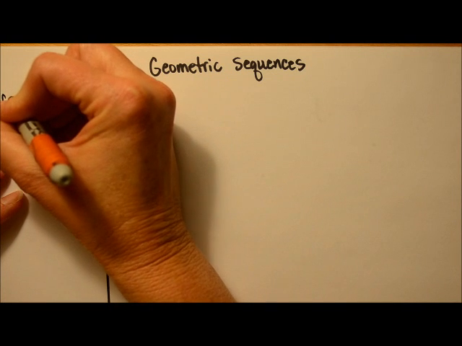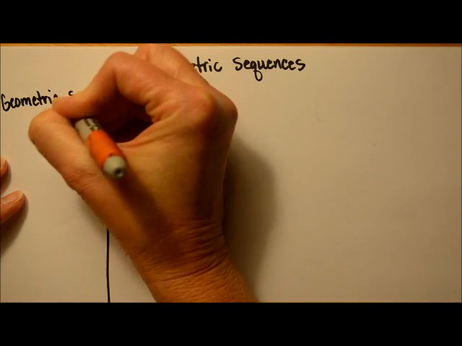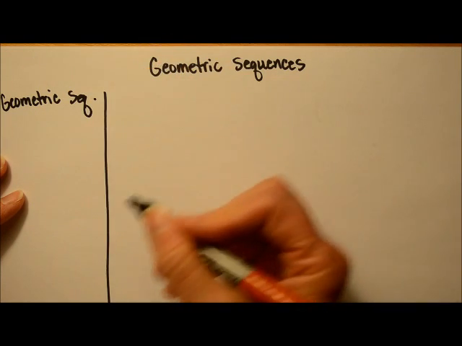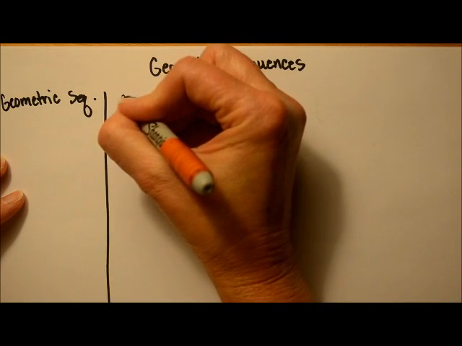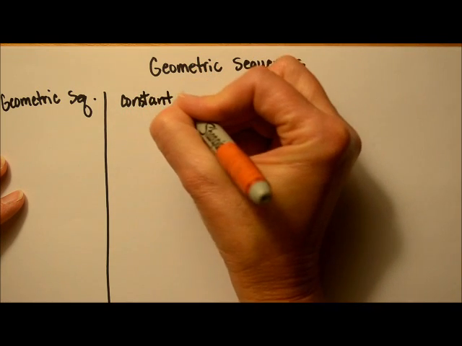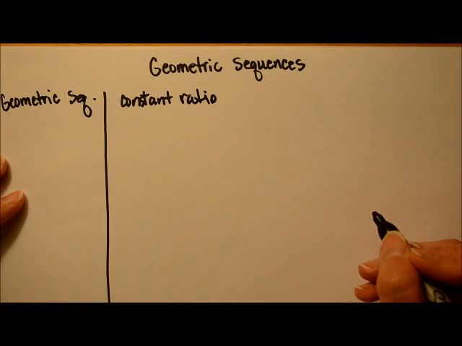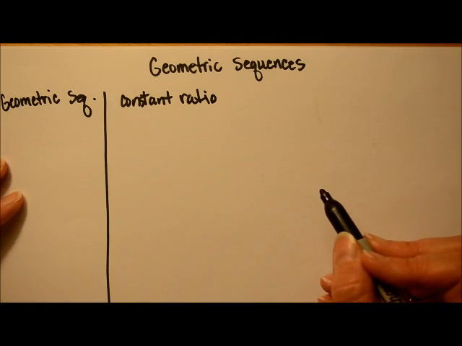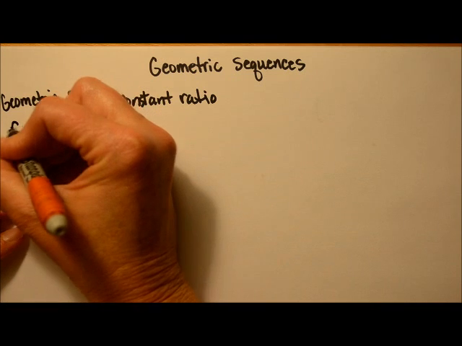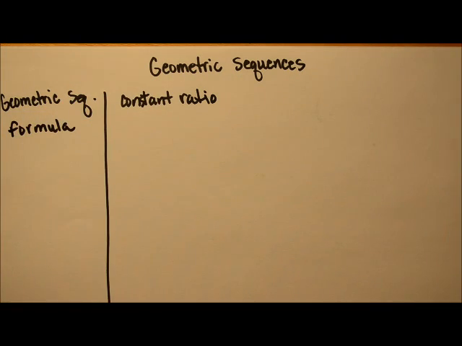So geometric sequence, that says sequence, I abbreviate it. It has a constant ratio. Okay, constant ratio. Sorry for my bad writing, I forgot my S. The formula, and our formulas are in lovely shade of green, right?